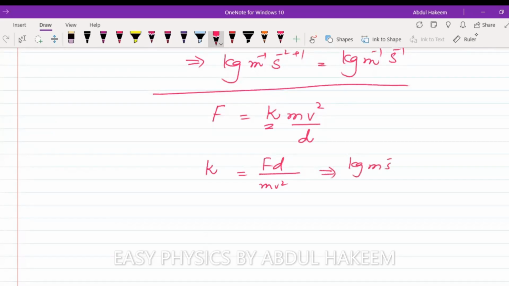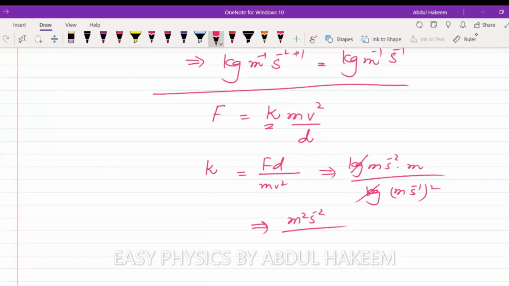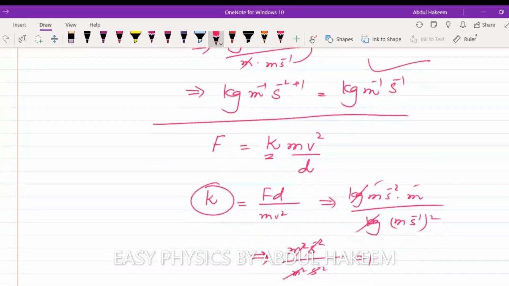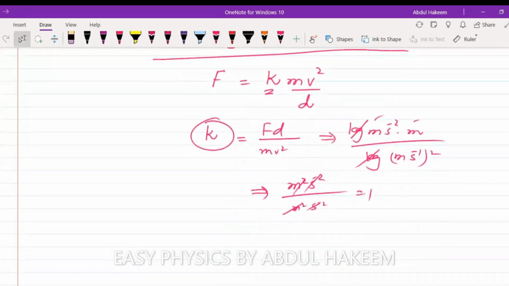Kilogram meter second power minus 2, meter, divided by kilogram meter second power minus 1 whole square, kilogram cancelled. So it becomes meter square second power minus 2 divided by meter square second power minus 2. Look, no unit, it means it's a numerical value. It's a number. So if the units are there, it's a physical quantity. If no unit, the answer is 1, then it is just a numerical value, not number 1, it's another value because it has no unit.